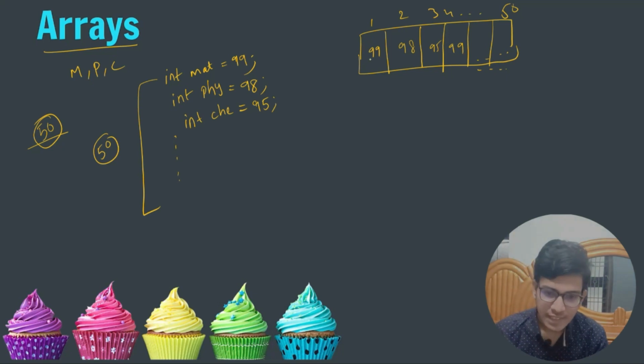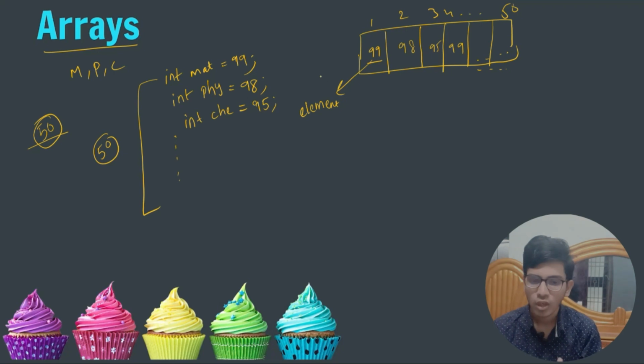After that, the data which we are storing in our block is known as an element, and to locate each element in our array we give an index for each element. So index always starts with 0, so we are going to give indices for each element in order to locate them.